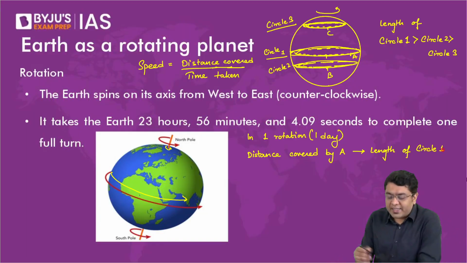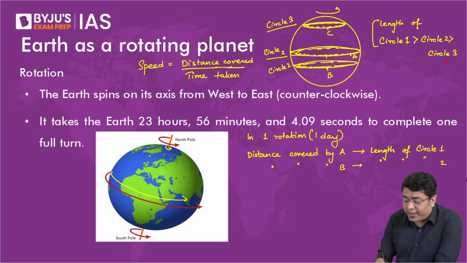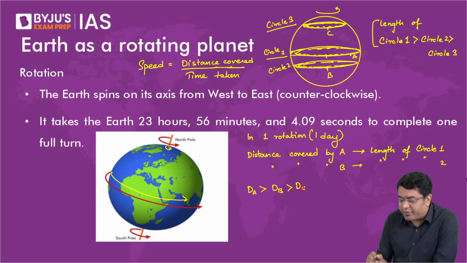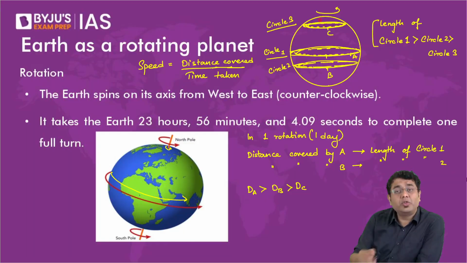The distance covered by B will be the length of circle 2. We have seen that the length of circle 1 is greater than circle 2, which is greater than circle 3. Can I not say the distance covered by A will be greater than the distance covered by B, which will be greater than the distance covered by C? Because C is covering the smallest circle, circle 3.